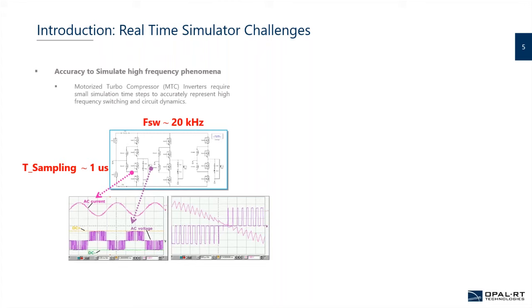For this level of switching frequency, typically, if we can reduce the simulation sample time to 1 microsecond, this will provide a very good resolution of the simulation. So the real-time simulator needs to be able to reduce as much as possible the simulation sample time.